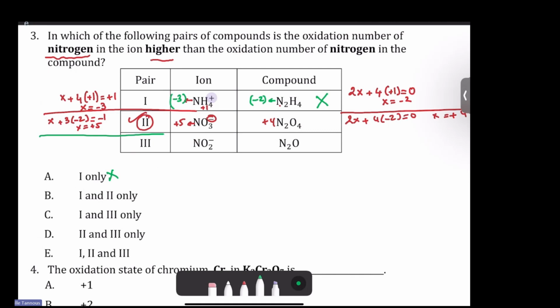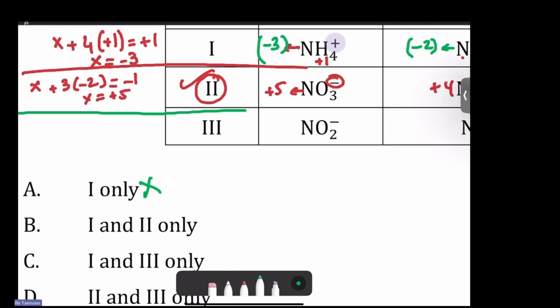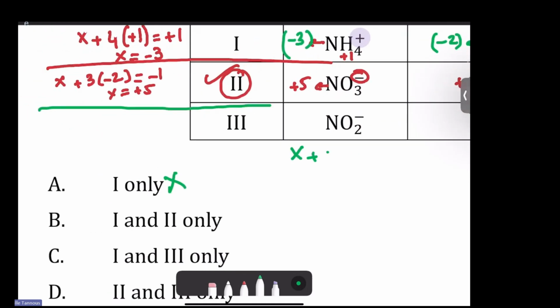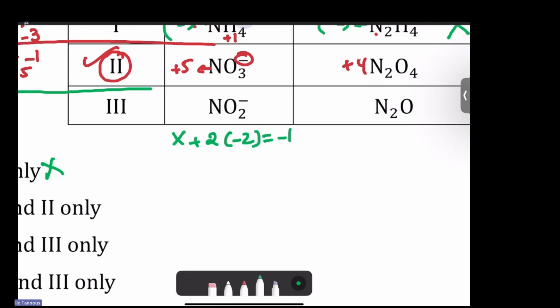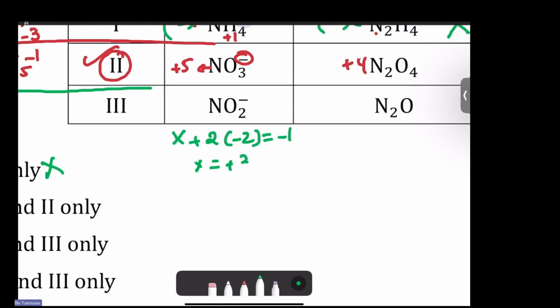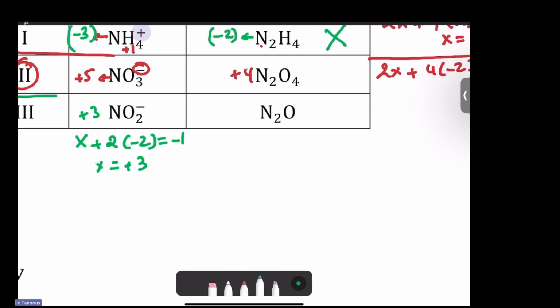So for the last one, I have X plus twice the oxygen, negative 2, equals negative 1. So X is positive 3. And for this one, 2x plus negative 2 equals 0. So 2x is 2, x is 1.